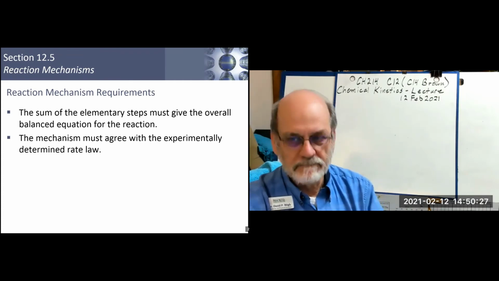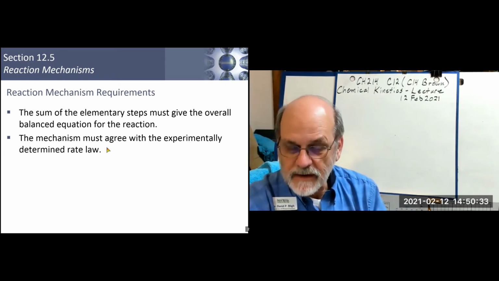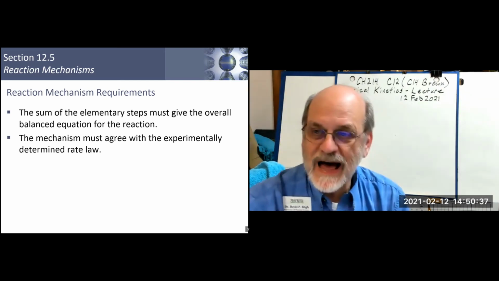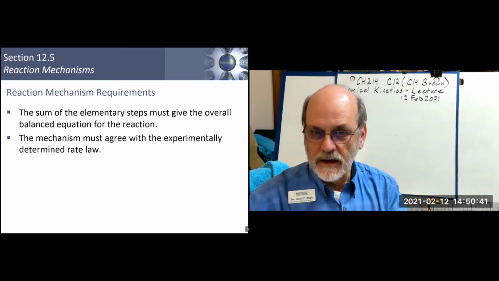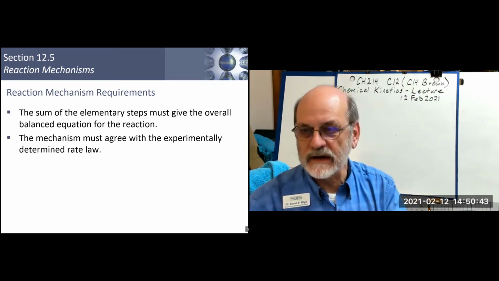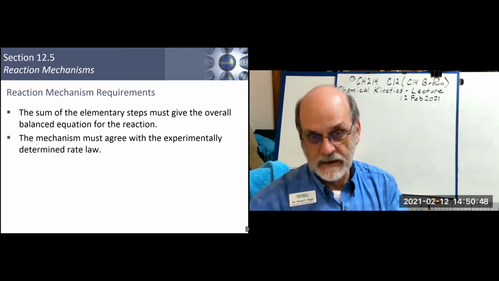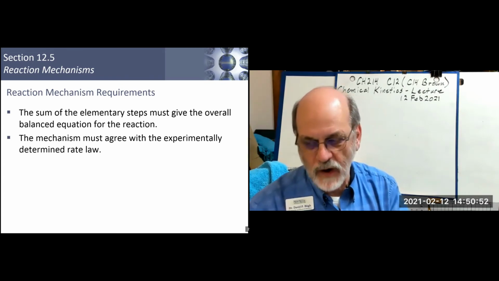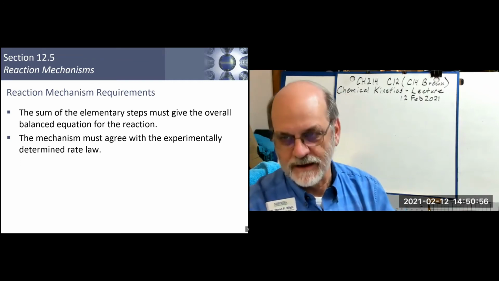If it's not, you throw out that mechanism. And the mechanism itself, once you apply real numbers to it, must agree with the experimentally determined rate law. Okay, those are two hard and fast rules. You have to meet those rules, otherwise your mechanism is bogus. Throw it out.